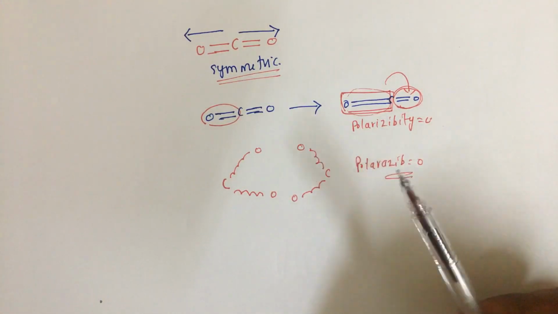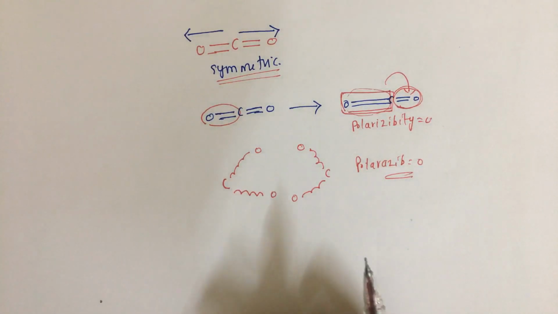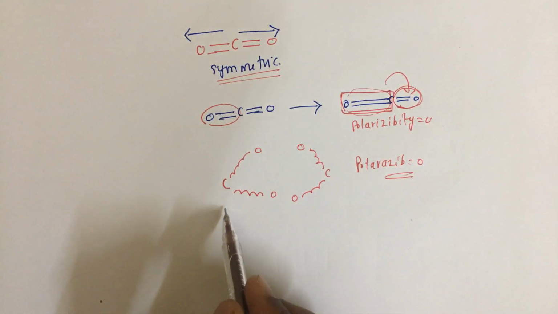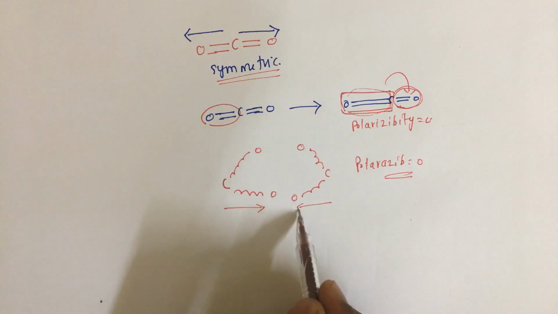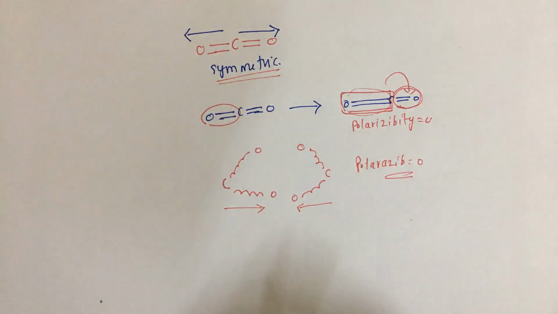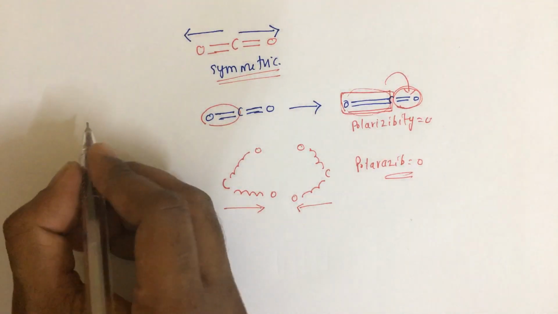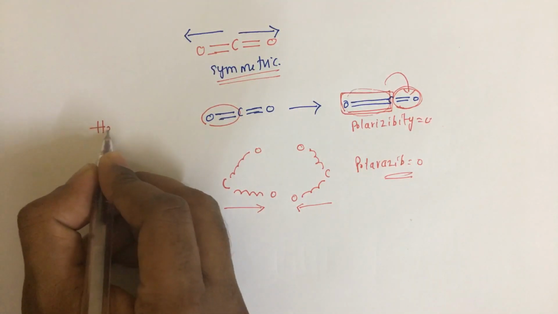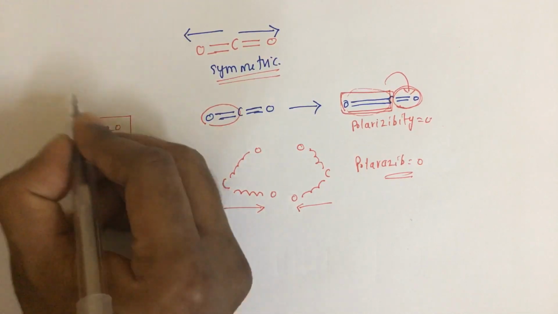And similarly in the bending, we have two bending vibrations, so one will be towards this way, another one towards this way, so both cancel each other. Because of that reason, bending is also inactive in Raman spectroscopy. And if you take the water molecule, this comes under asymmetric top.